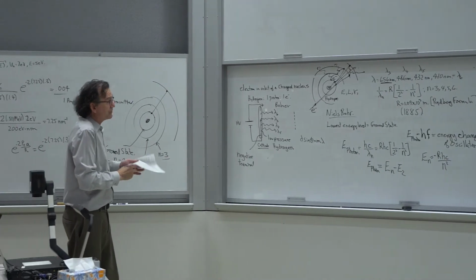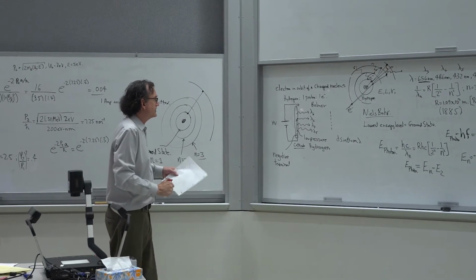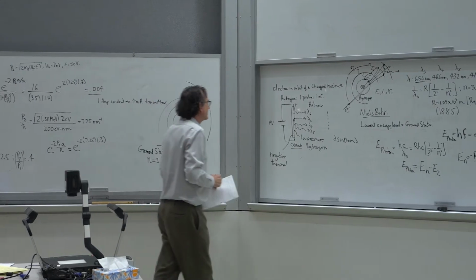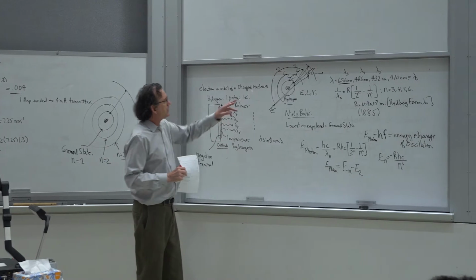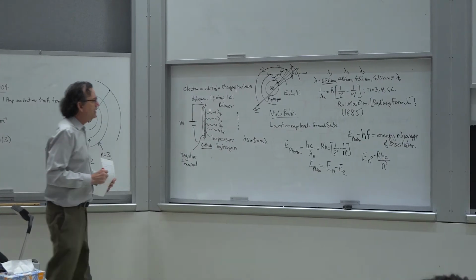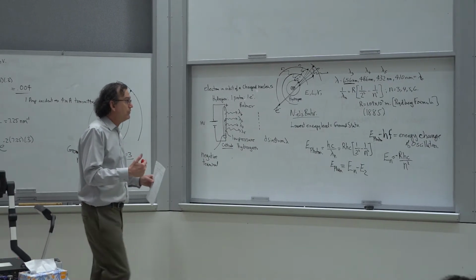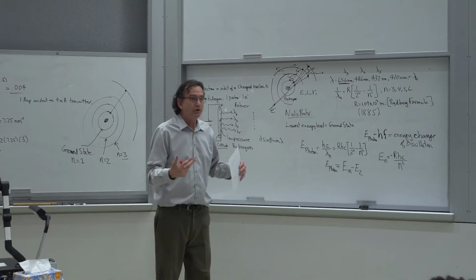Well, Balmer or Rydberg, I'm not sure which. I think Balmer actually came first and measured the wavelengths, and I think Rydberg is the one that came up with the formula. Okay, so now we have a theoretical understanding of what goes on.